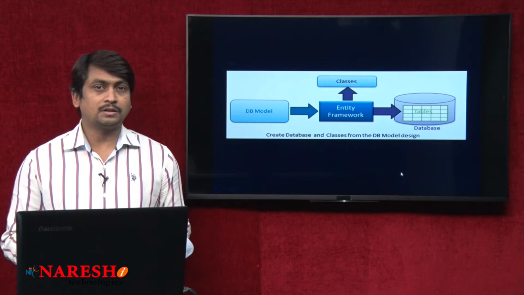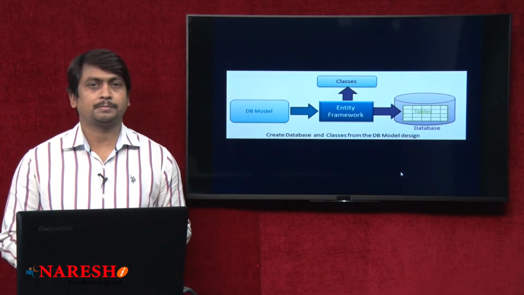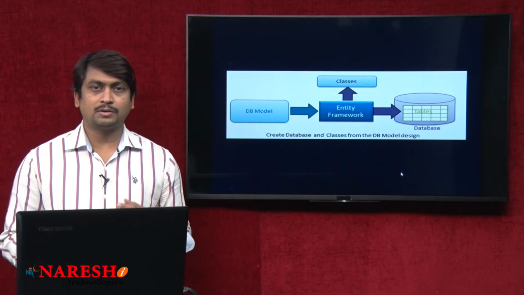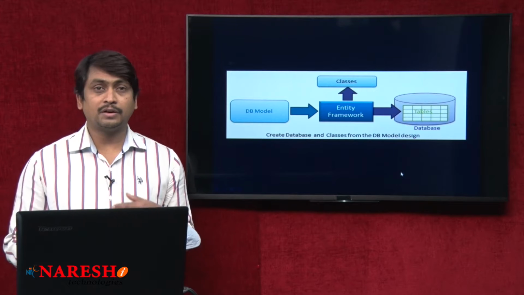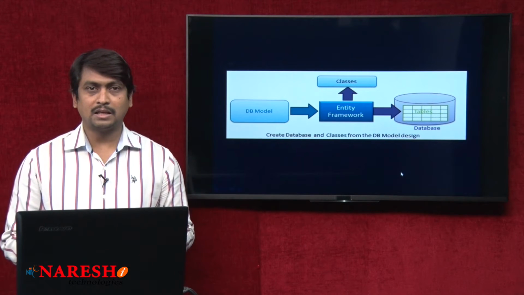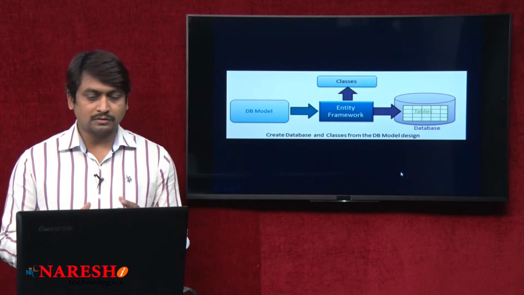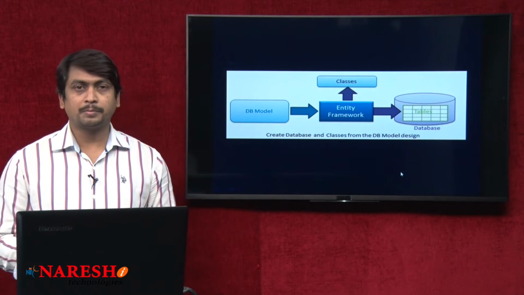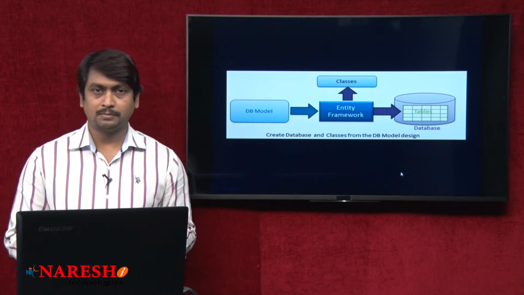Now we will see the third type of modeling approach, that is model first. In the model first approach, we prepare the visual designer. According to the visual designer, Entity Framework will generate the domain specific classes as well as the database and tables. So, in this Entity Framework model first approach, we first prepare a visual designer according to our entity model.